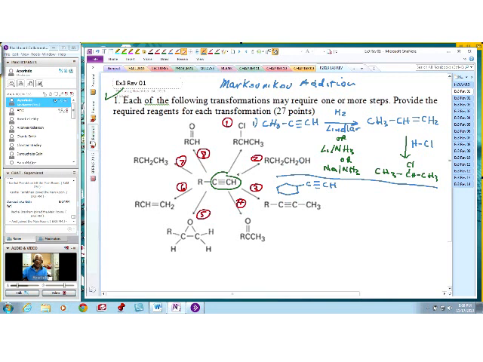So therefore, this transformation here, number 2 transformation right here, must be a multi-step synthesis. So therefore, we also do know that we could make a primary alcohol from a carbon-carbon double bond. So therefore, just as in the case of the first question here, we do need to make the alkene first.